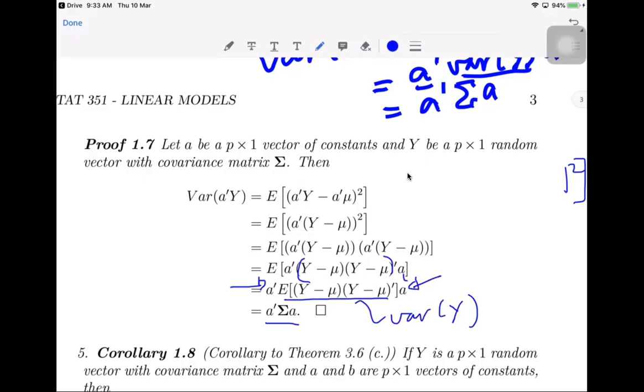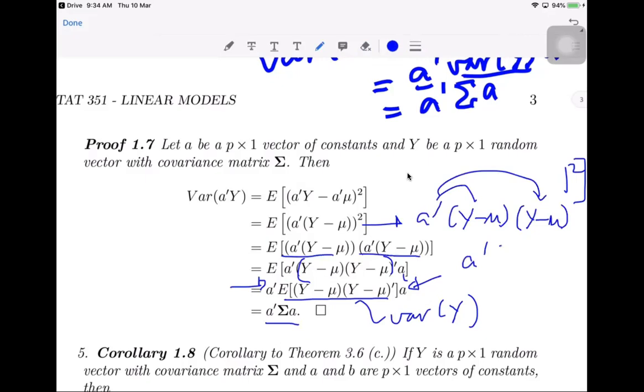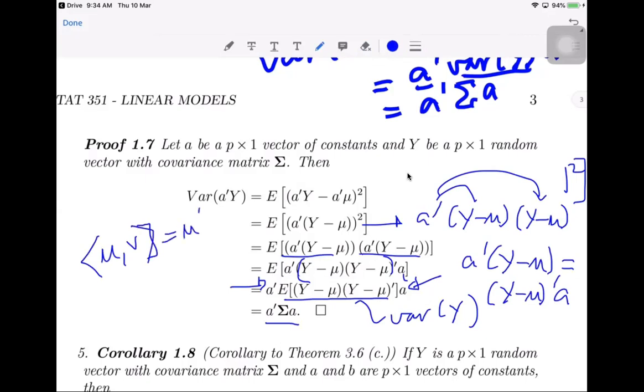Okay. So this part here is a prime and two a minus mu, and then this is distributed in that. So that is what happened. But a prime y minus mu is just equal to y minus mu prime a. They are the same. If you recall, the inner product of u and v is equal to u prime v or v prime u.